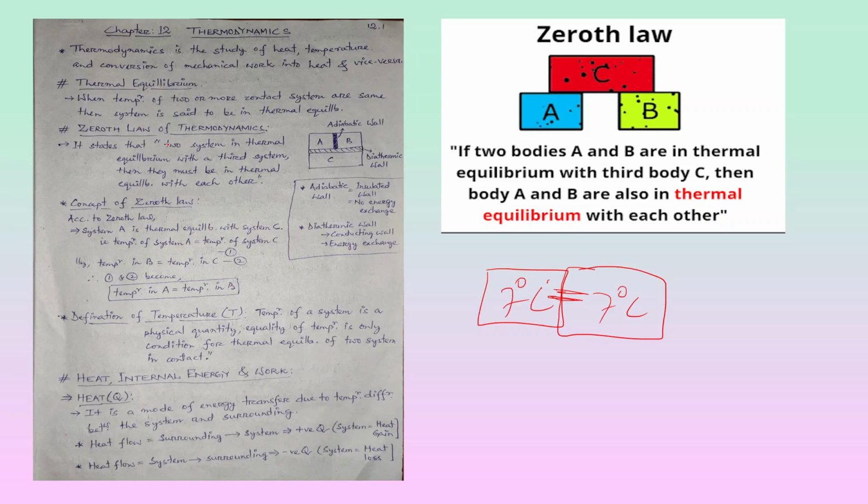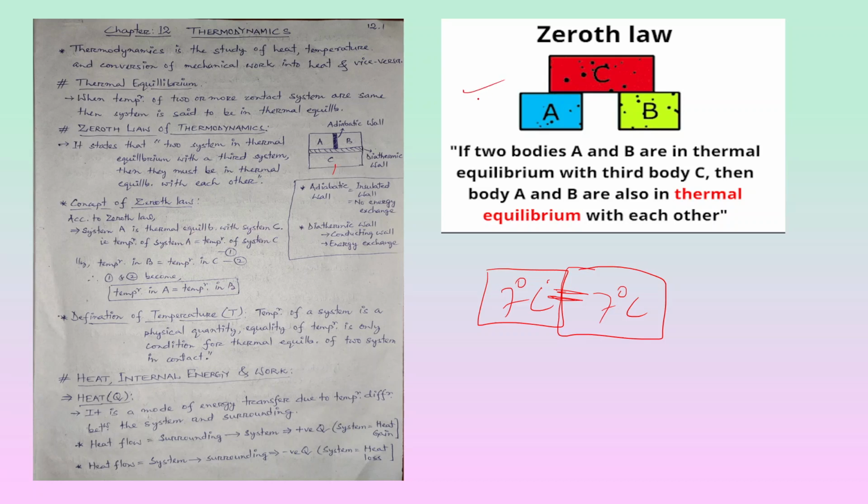In this law we take a situation with three systems, and every system is in contact except two systems, which are separate from each other. You see the three systems A, B, C. A is the first system, B is the second system, and C is the third.